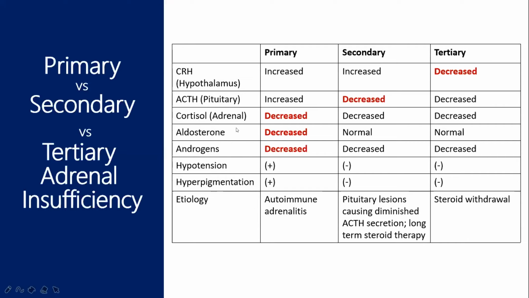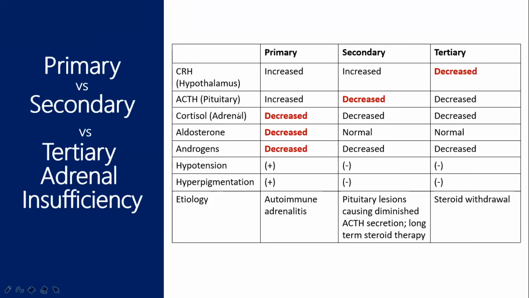So all three hormones produced by the adrenal cortex are decreased. The reason for that is autoimmune adrenalitis, wherein there is autoimmune destruction of the adrenal cortical parenchyma.